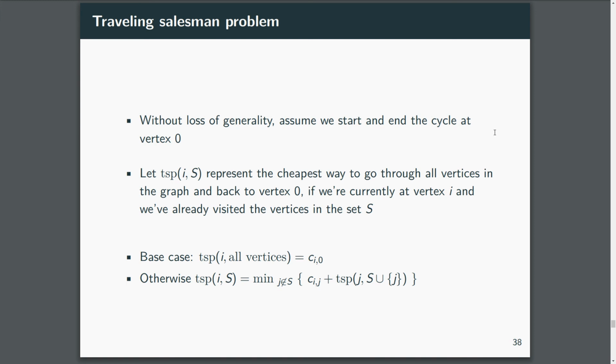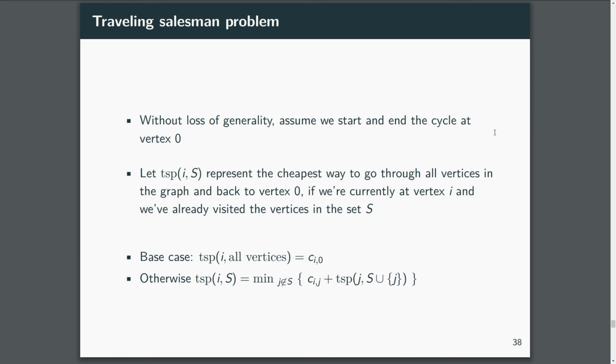Okay. The general case, however, is we're at some index I, we have the set S. We go through all the values j which are not in S. So it's all the unvisited vertices.